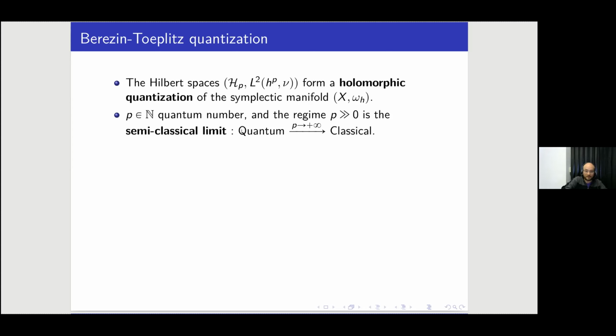When the scale gets bigger and bigger, you want to recover the laws of classical mechanics from the laws of quantum mechanics, right? And here, what plays the role of the scale is this integer p, which represents a quantum number. The most basic example is the case when X is S2, where p represents what's called the spin, but it can also represent energy levels or number of particles.